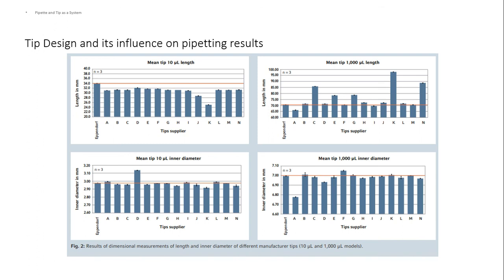If you can see, they are almost the same because we are talking about the same volume. If they are almost the same in diameter, they should also be the same in length. So it's like a comparison of the volume inside the pipette tip.